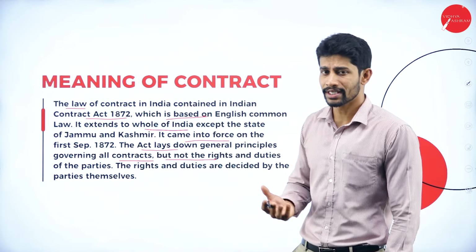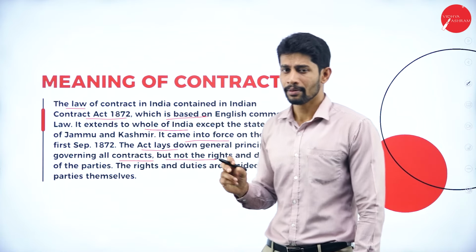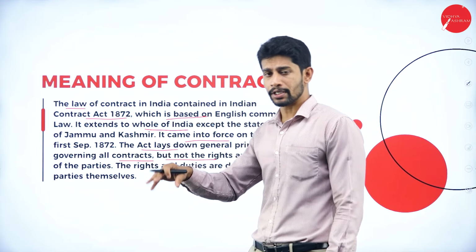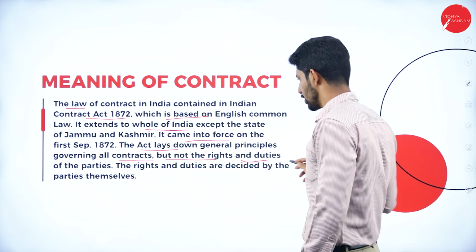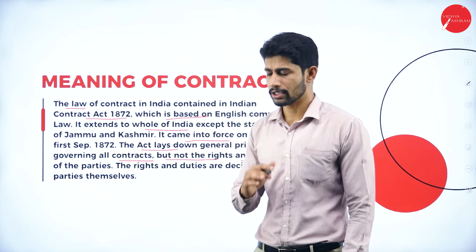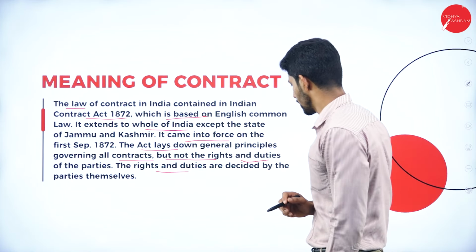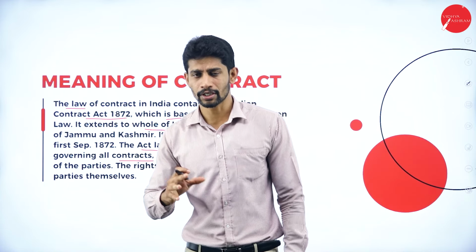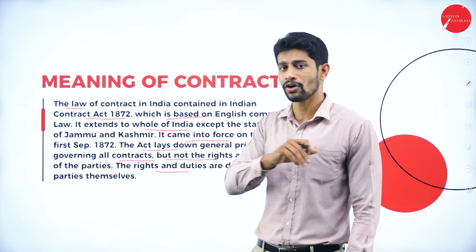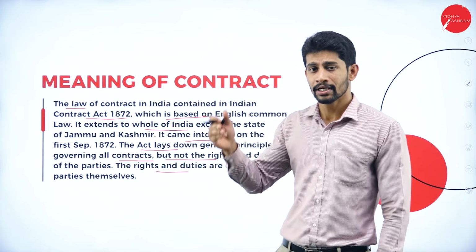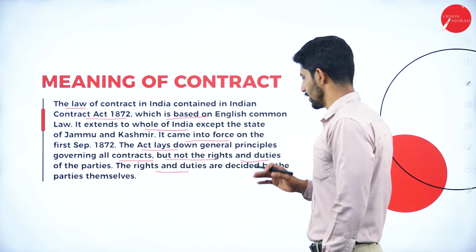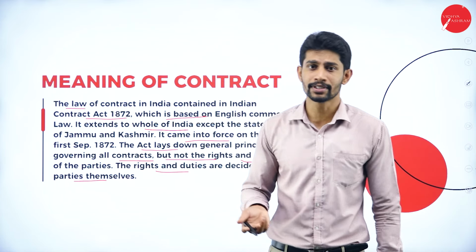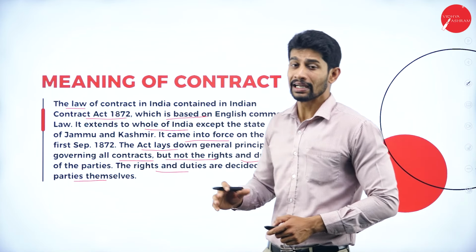The rules and regulations are prescribed under this Act, but the rights and duties of whoever gets into a particular contract are not described in it. The rights and duties should be decided by the parties themselves. So this is the meaning of contract in general.